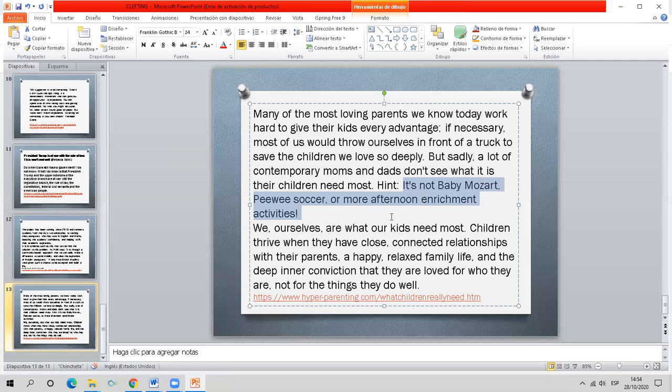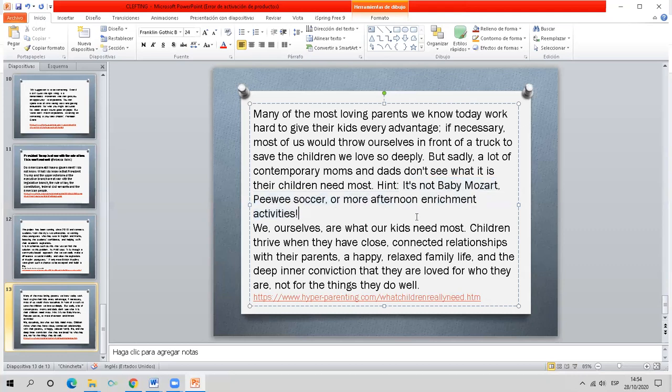It's not baby Mozart, pee-wee soccer, or more afternoon enrichment activities that children need most. Okay? So we would say that the unmarked version would be children do not need baby Mozart, pee-wee soccer, or afternoon activities the most.